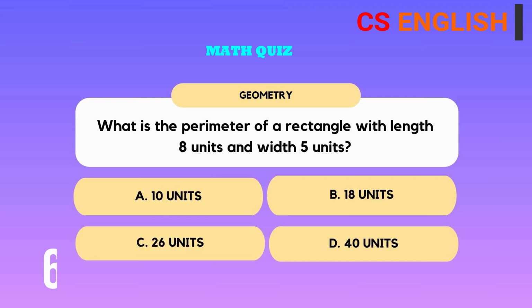What is the perimeter of a rectangle with length 8 units and width 5 units? A. 10 units. B. 18 units. C. 26 units. D. 40 units.